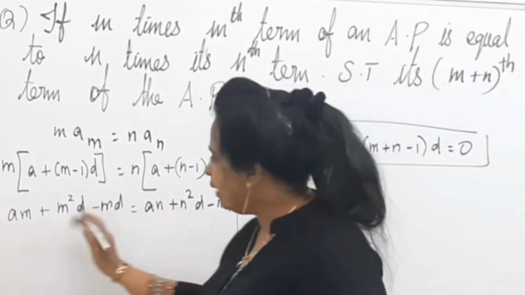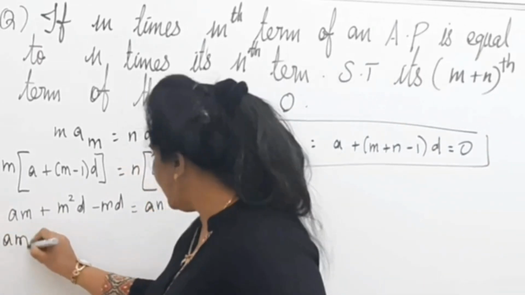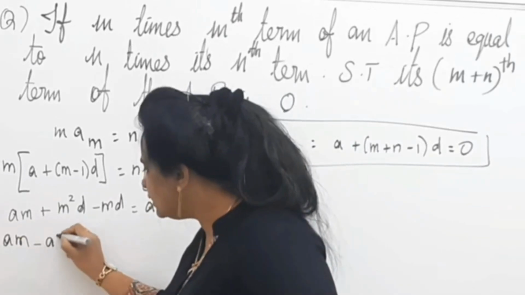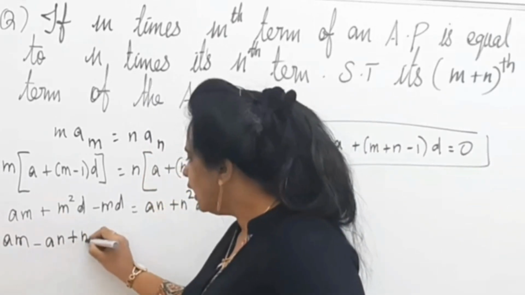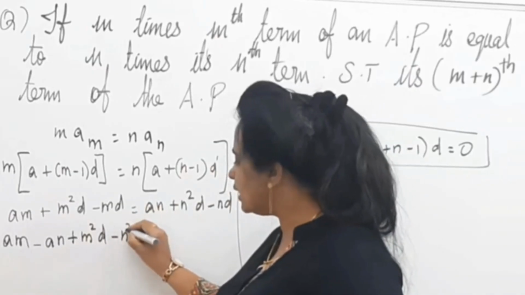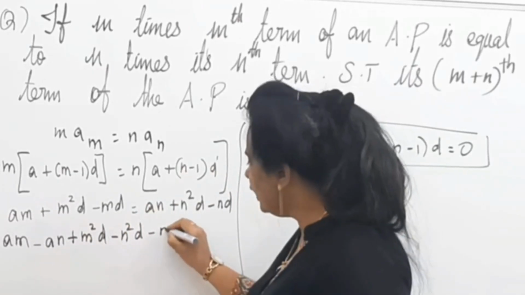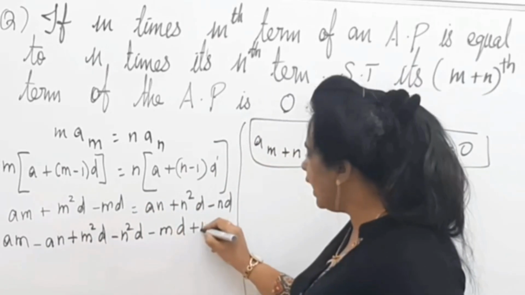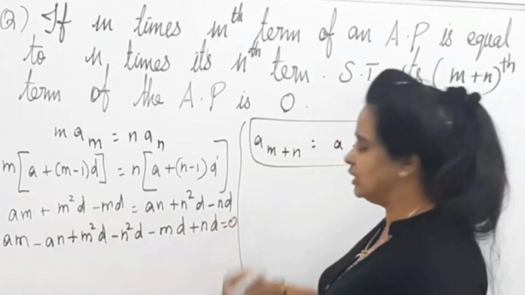Now I will bring everything to one side: am - an + m²d - n²d - md + nd = 0.